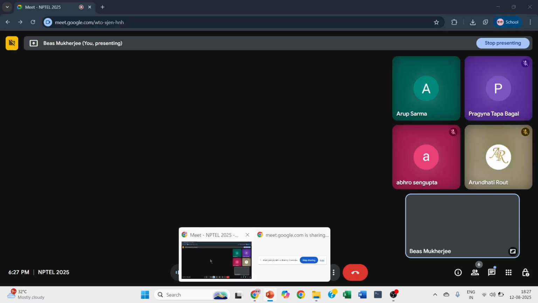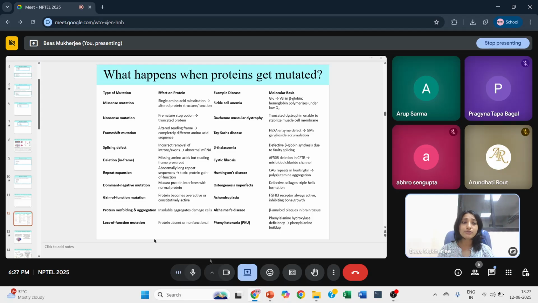Okay, and here is a table just for your knowledge. All these different diseases, such as sickle cell anemia, Duchenne muscular dystrophy, and others, there are questions from these. I'm just giving you this as a gist.